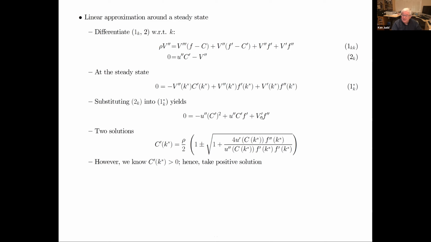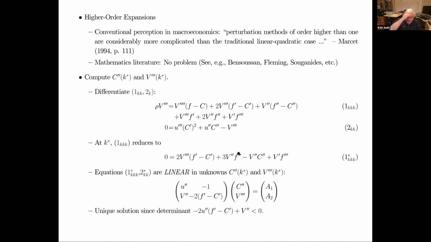This is just a simple Riccati equation. When you linearize around a steady state, you have an unstable manifold and a stable manifold. The Euler equation is valid on both, but what we want is the stable one, so we choose the one where C is increasing in K.